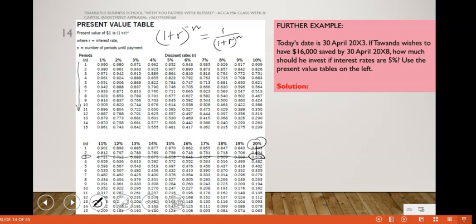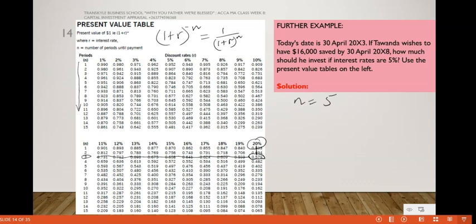So today is 30 April, and 30 April 2008 is almost 5 years later. So our n is equal to 5.